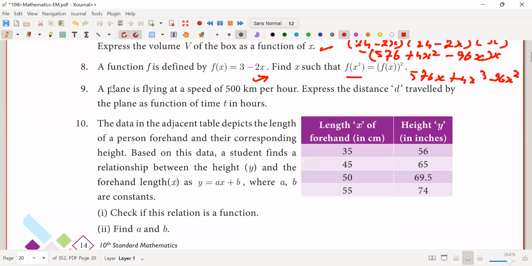Then 9th: a plane is flying at a speed of 500 km per hour. Express the distance traveled by the plane as a function of time in hours. What is speed?